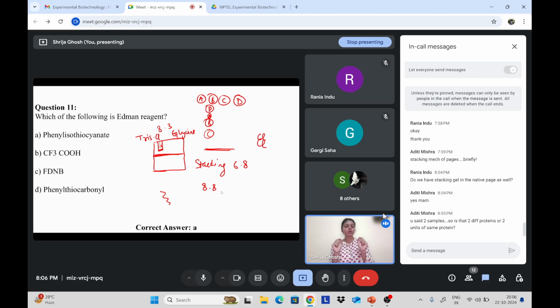Now the protein from organism A and the protein of organism B has been isolated. Now I'm running a native page to compare whether the protein of organism A is larger than the one that organism B has, or it is of the same size. If some experiment has to be designed in such a way, then I have to run a native gel to determine the sizes, right?